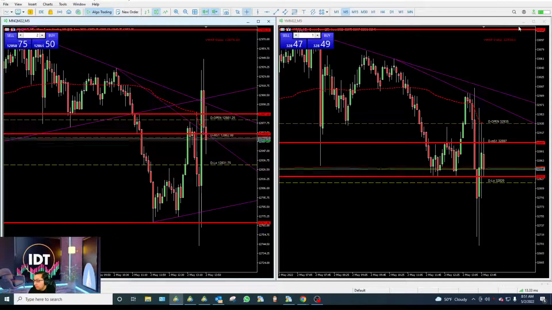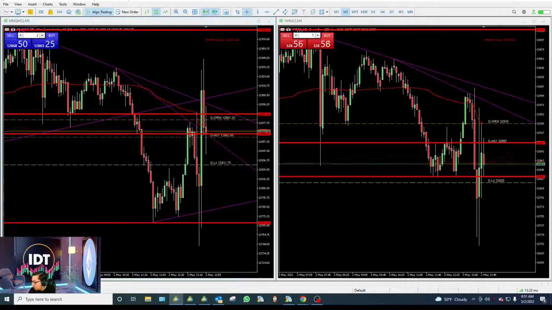Take a look at the Dow. Not doing much. Back above its overnight low, but not doing much.